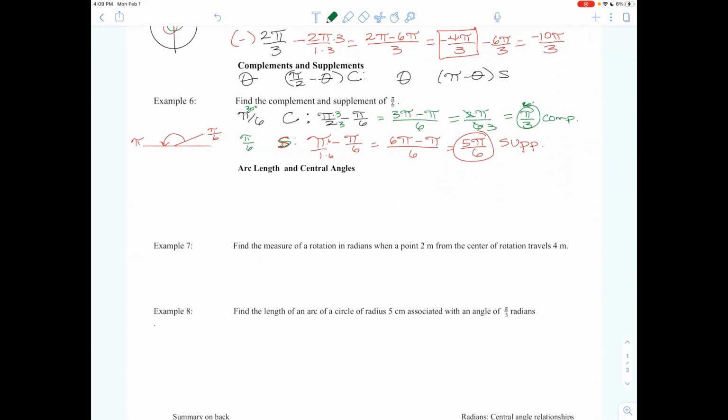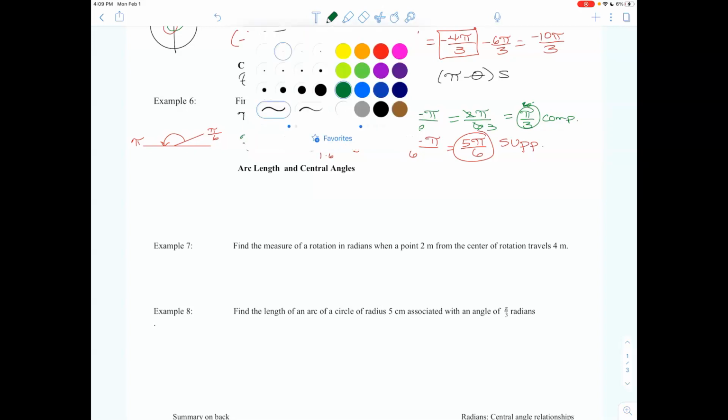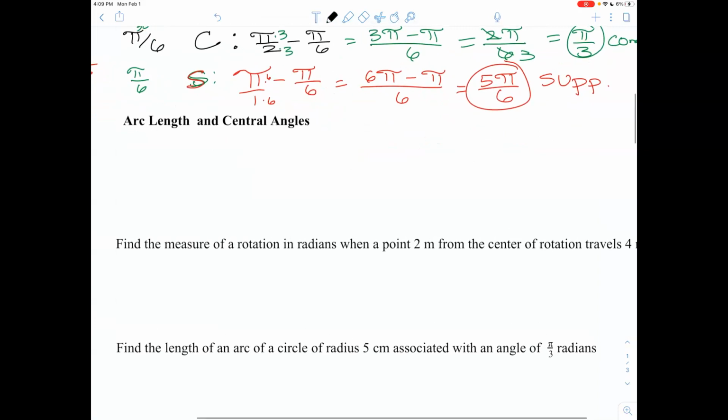All right. Last thing here is you're going to be looking at some measures of some different circles. Okay, so if you recall yesterday, we talked about this formula, theta is equal to s over r. Okay, this is in radians, all right?